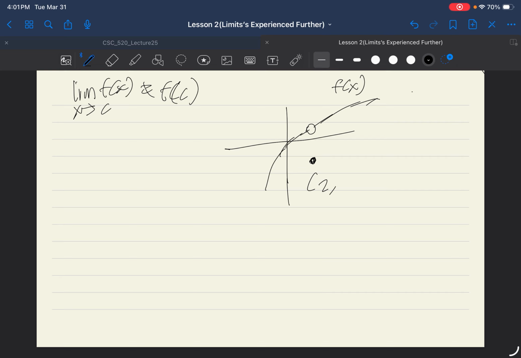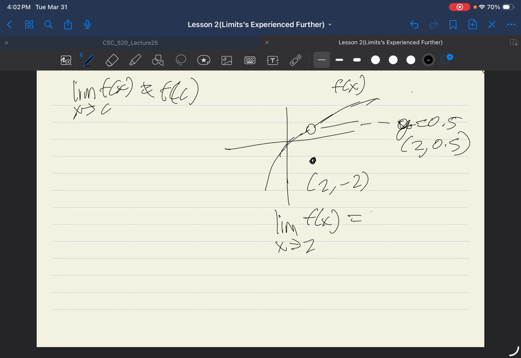We'll call this negative 2, and we'll call this 2, 0.5. So this is y equal to 0.5, meaning this will be 2, 0.5. So the limit as x approaches 2 of f of x is clearly going to be 0.5.